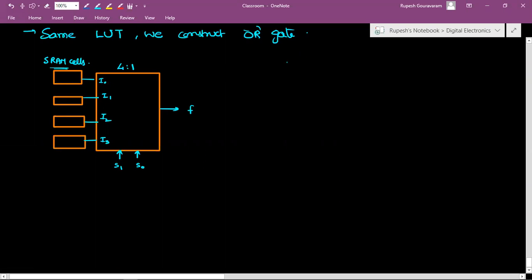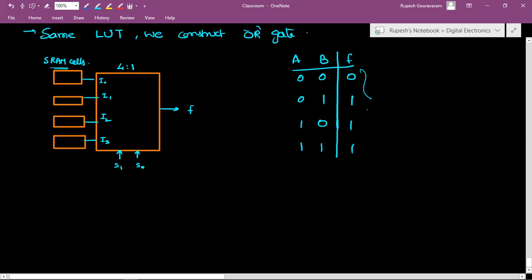Now, what are the inputs? Inputs will be A and B. And what will be the output? Let us take the output function as F. Let us take AB as 0 0, 0 1, 1 0, and 1 1. And for the function F, what is the logic of A plus B, that is A or B? A or B is 0, 1, 1, 1.